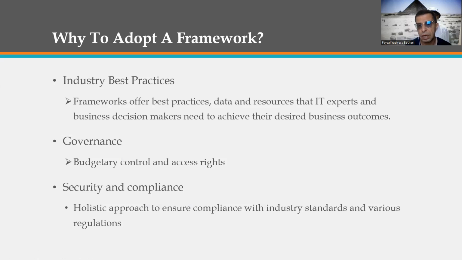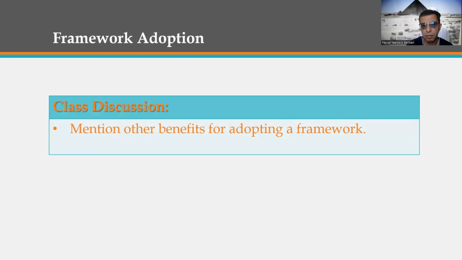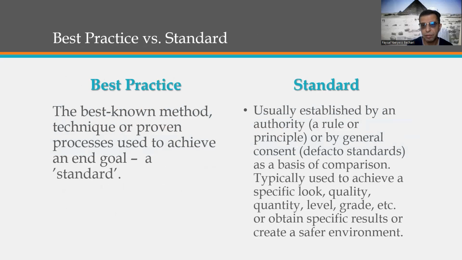Governance: it will have budgetary control and the right access. And for security and compliance, you will have a holistic approach to ensure compliance with the industry standards and various regulations. There are more benefits. We don't need to know right now.